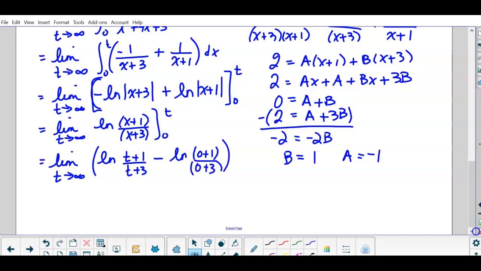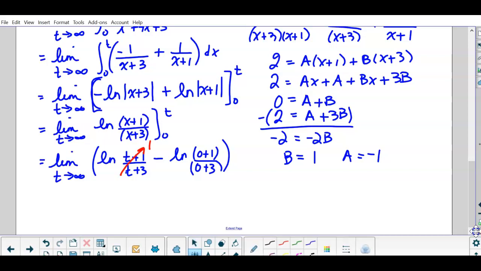With brackets, this won't matter. Now, when t goes to infinity, this will approach 1. Okay, so here, this is going to approach 1. Not ln of that, it'll be ln of 1, right?